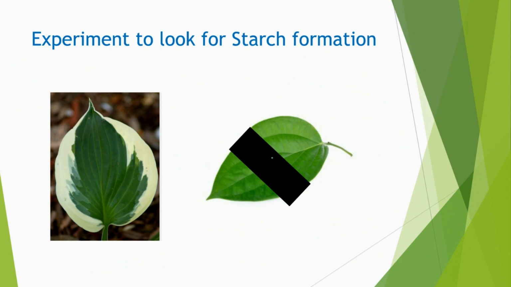Now let's see another experiment. Here we have taken a leaf and covered only some part of it with a black paper strip. Let us consider this as region 1, region 2 and region 3.